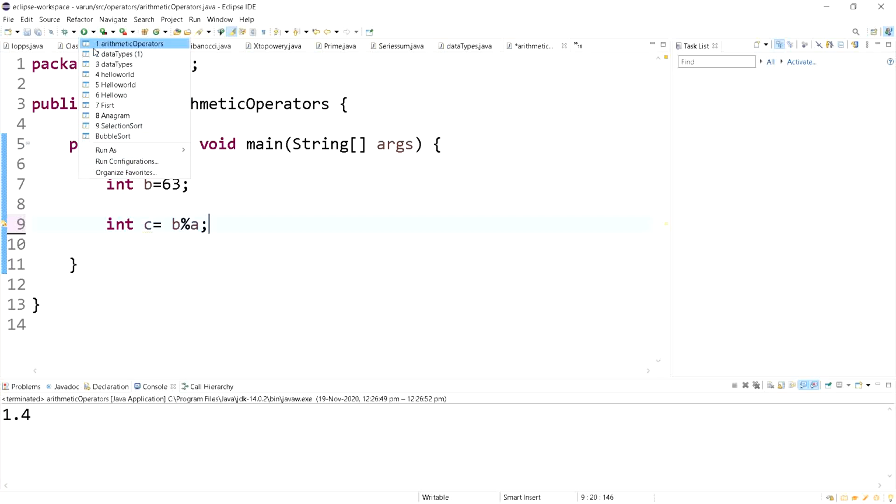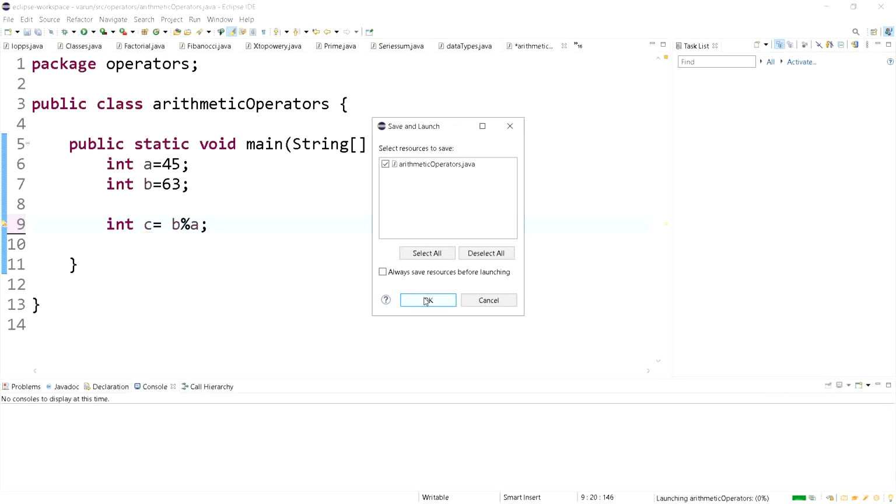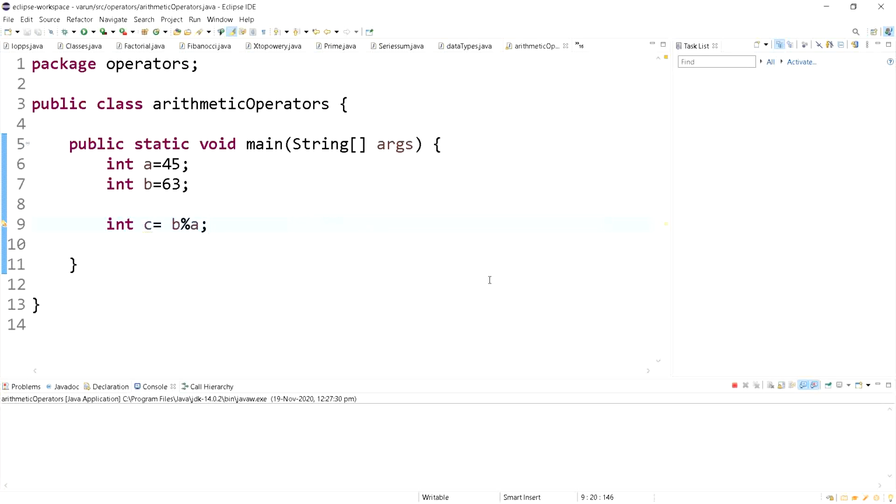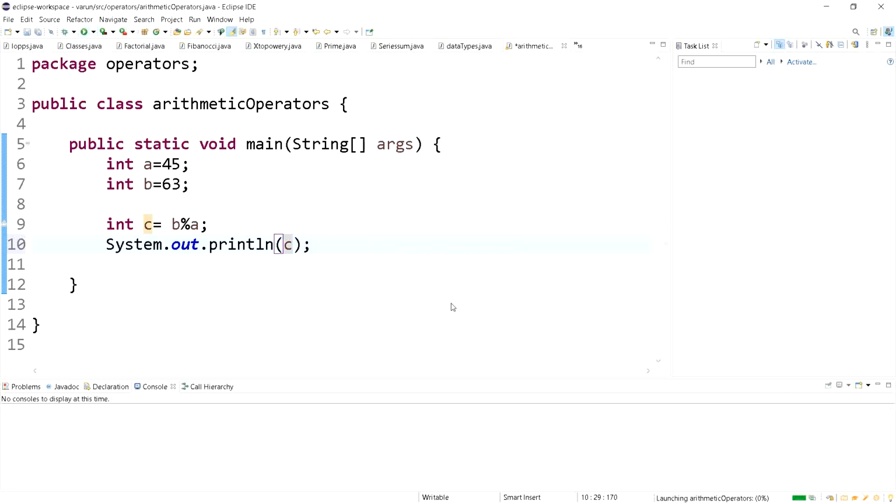Okay, so let us see what this returns here. Showing 18. So when we divide 63 by 45, the remainder which we get is 18.